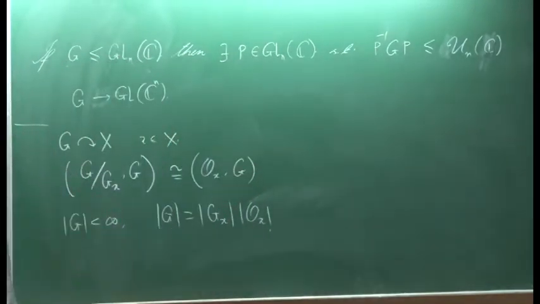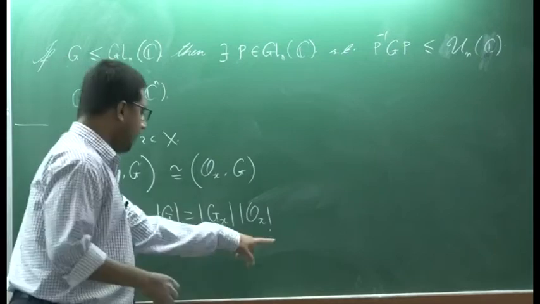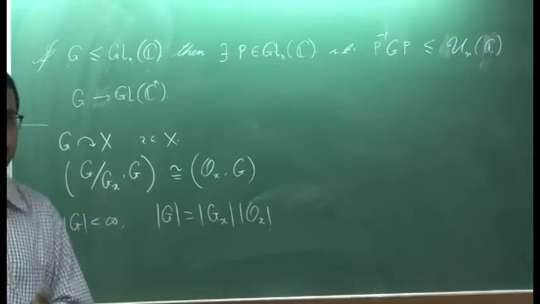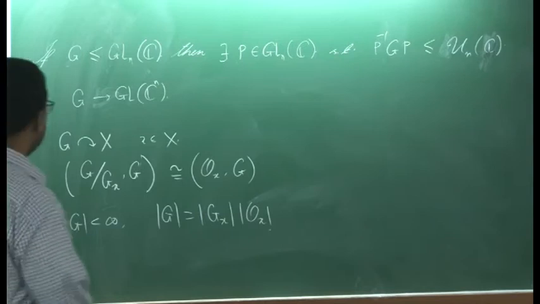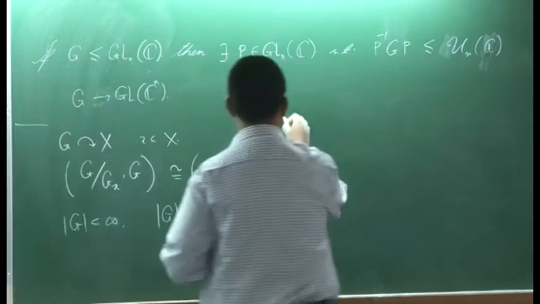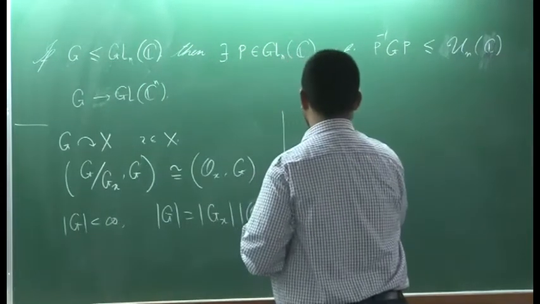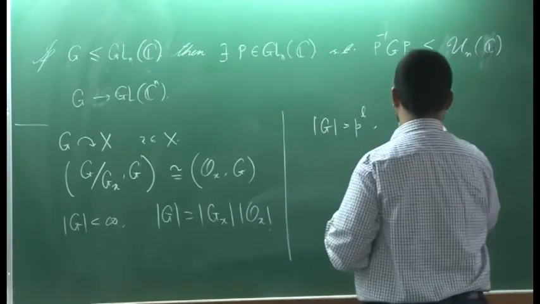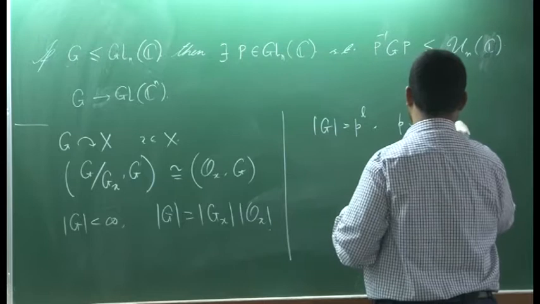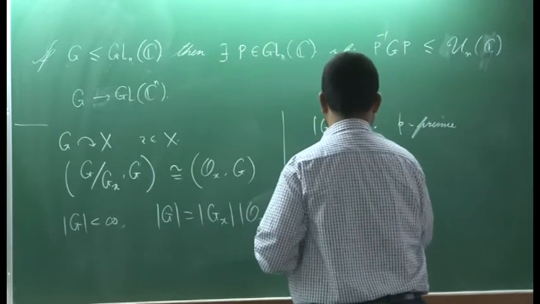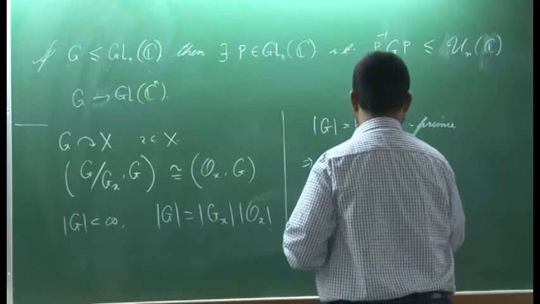This is a counting formula which turns out to be very useful. One or two applications I have already told you. Also using this we proved that if G is a finite P group, where P is a prime, then ZG is non-trivial.